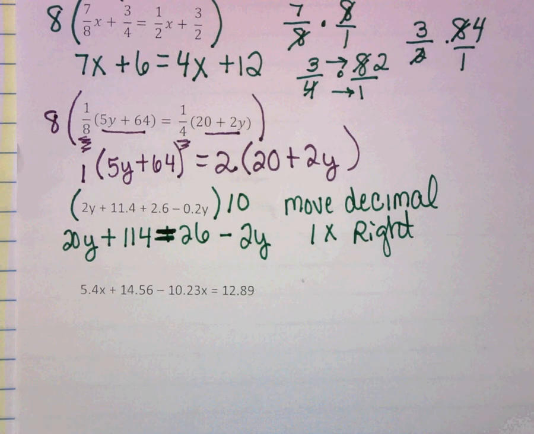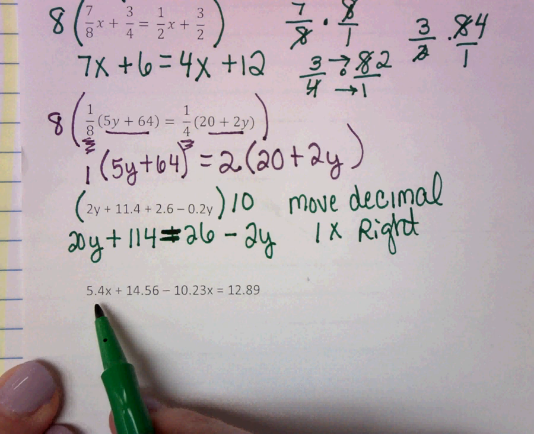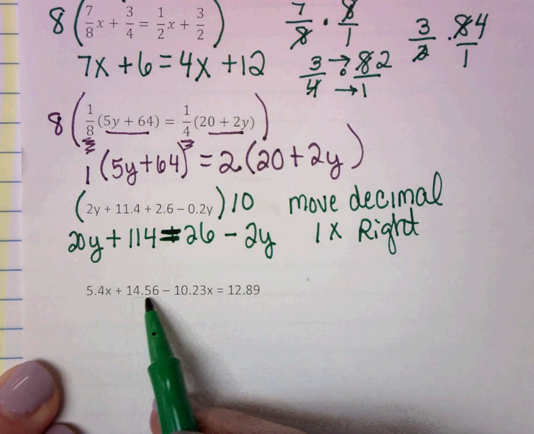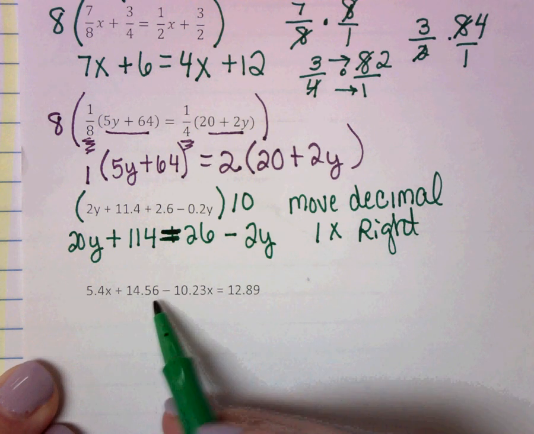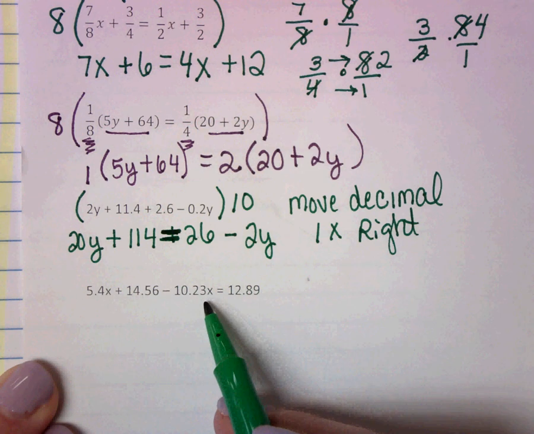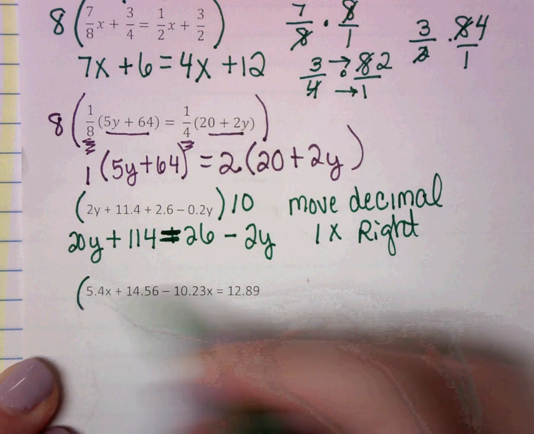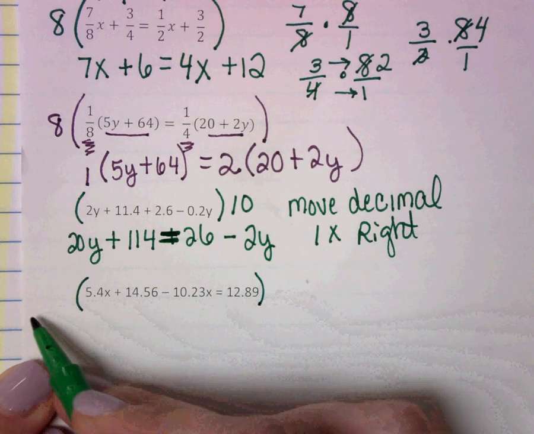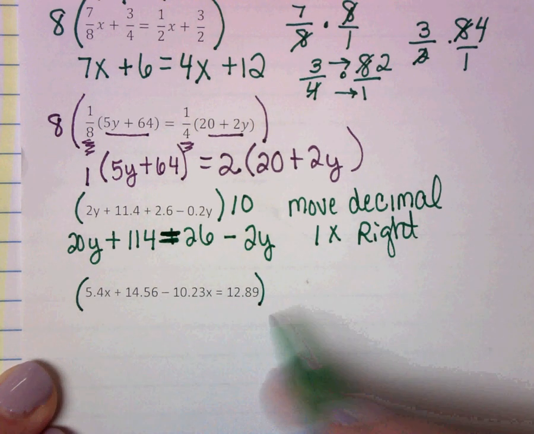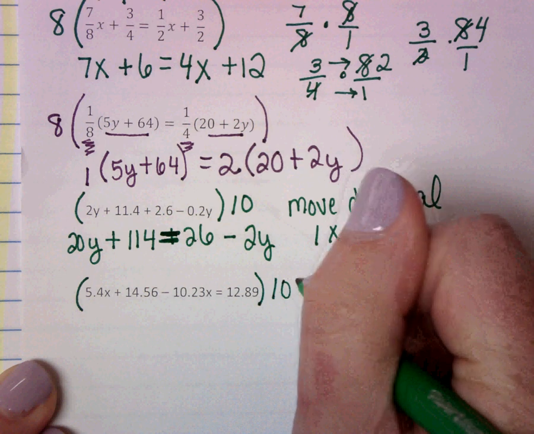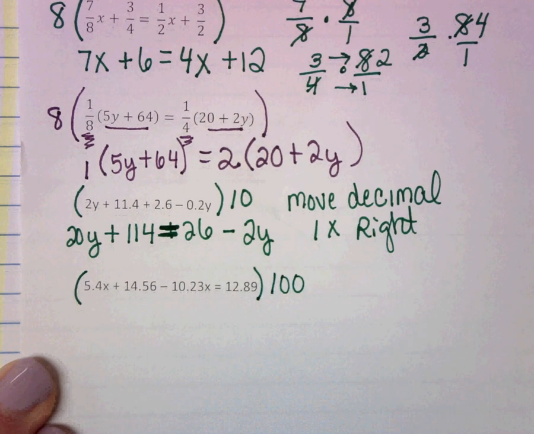Okay. On the next one, I've got the tenths place, and I've got the hundredths place, the hundredths place, and the hundredths place. So this time, my lowest place value, if I want all my decimals to go away, I have to multiply by 100.